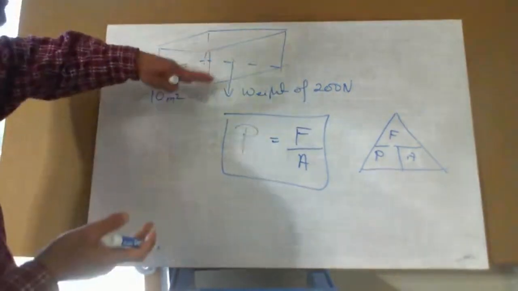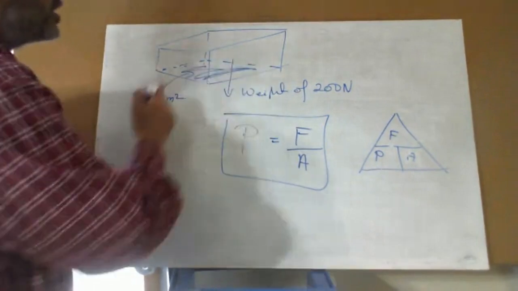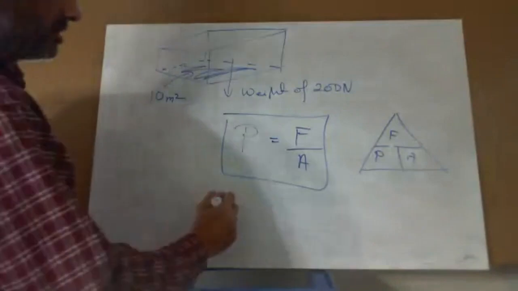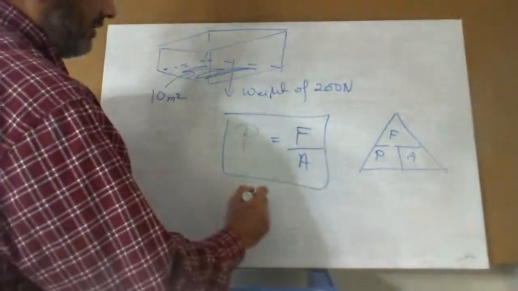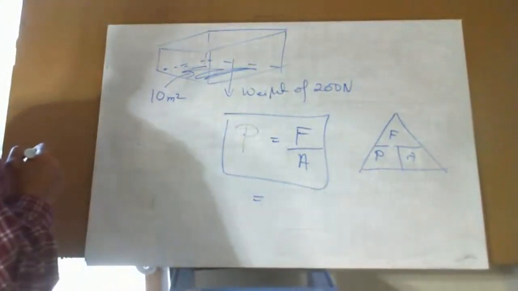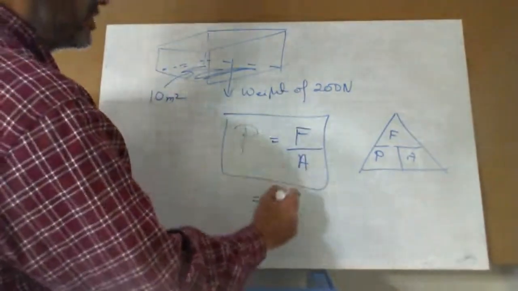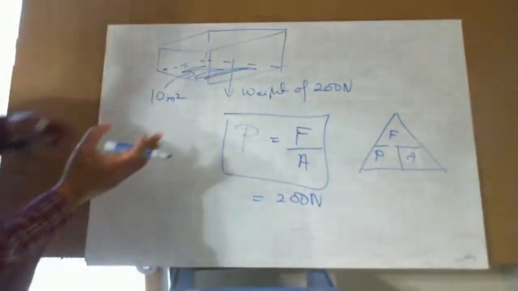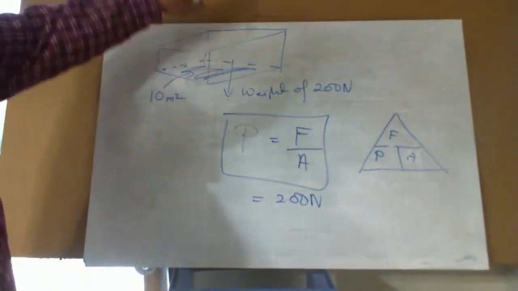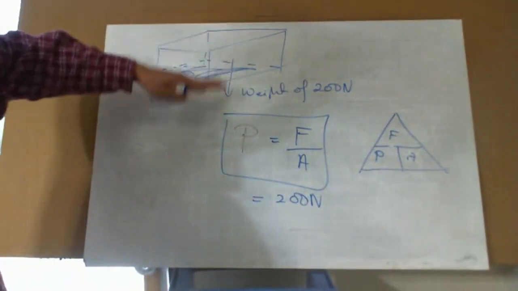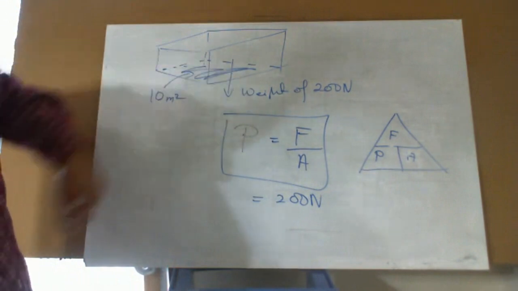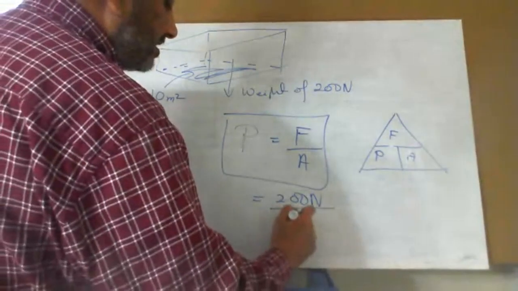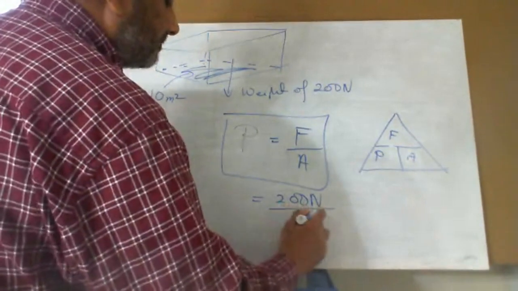What is the pressure at the bottom? The pressure is equal to force over area. The force is the weight, 200 newtons. That's the total weight of that object pressing on the bottom area. And the area is 10 square meters.